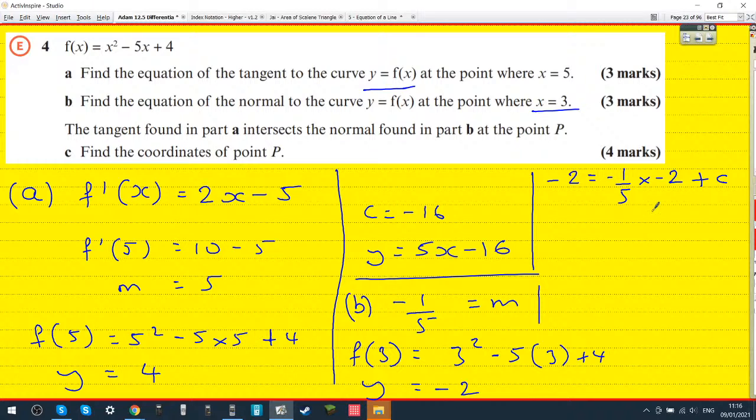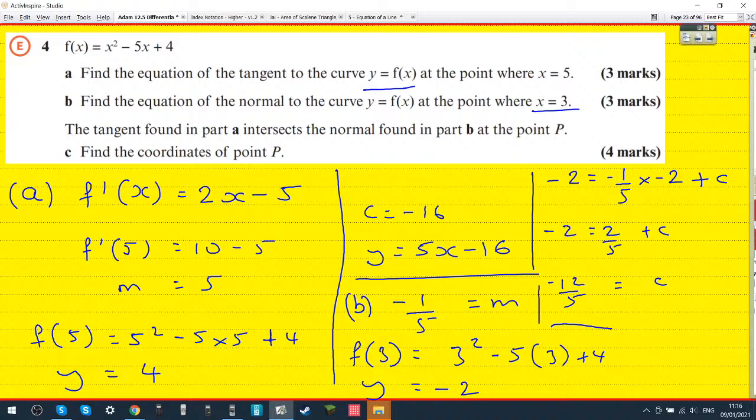Which gives you minus 2 equals 2 fifths plus c. And then you minus 2 fifths on both sides. Which is minus 2.4 or minus 12 over 5.